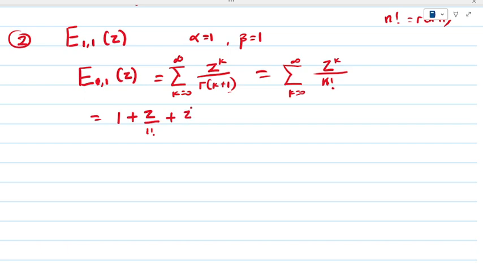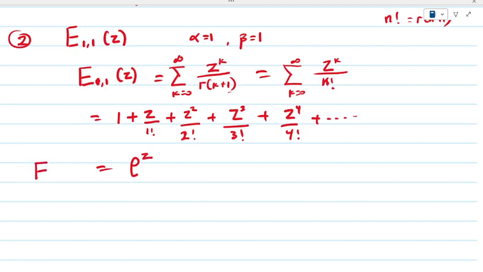Then k equals 2, we have z squared over 2 factorial, plus, at k equals 3, z cubed over 3 factorial, plus z to the power 4 over 4 factorial, etc. We find that this is equal to the exponential expansion, which is e to the power z. So that is the Mittag-Leffler function E 1 comma 1 of z.